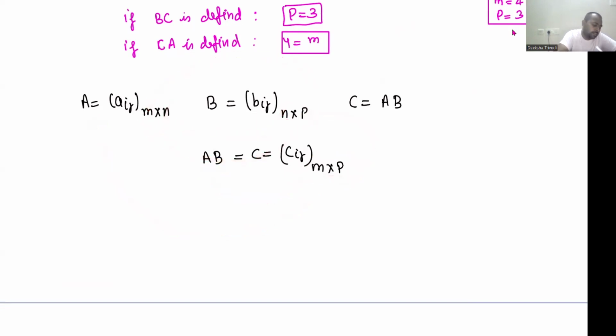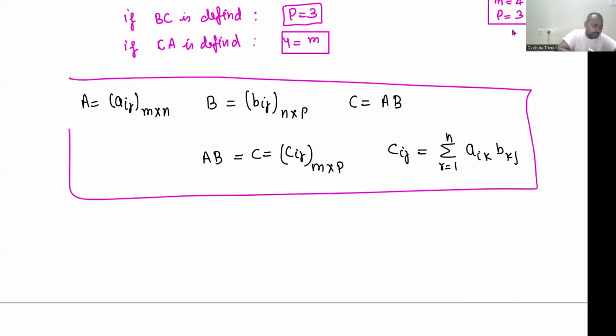Correct? Now, one more statement we can write: element Cij is sigma k equal to 1 to N, Aik Bkj. This is the exact multiplication definition.